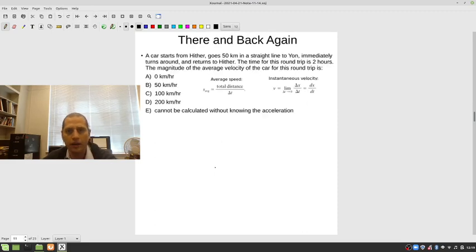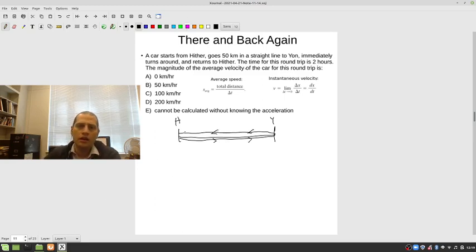So, okay, this is an example that I think I put on a review sheet a while ago, but it's useful. The idea is that you start at hither, you go to yon, and you go back. Let me draw my arrow. Okay, so that's our story. It says the time for this trip is 2 hours.